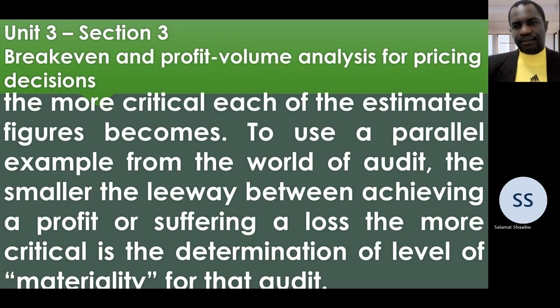So to use a parallel example from the world of audit, the smaller the leeway between achieving a profit or suffering a loss, the more critical is the determination of the level of materiality for that audit. Exactly. So when auditing, you need to provide a cushion.